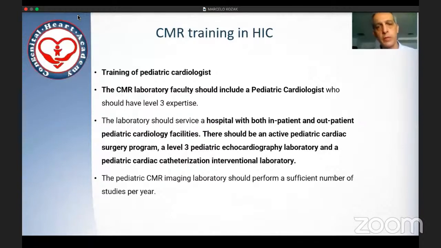The CMR laboratory faculty should include a pediatric cardiologist who leads the exams. It needs to be at a hospital with both inpatient and outpatient pediatric cardiology facilities, an active pediatric cardiac surgery program, an echocardiographic laboratory, and also a cath lab.